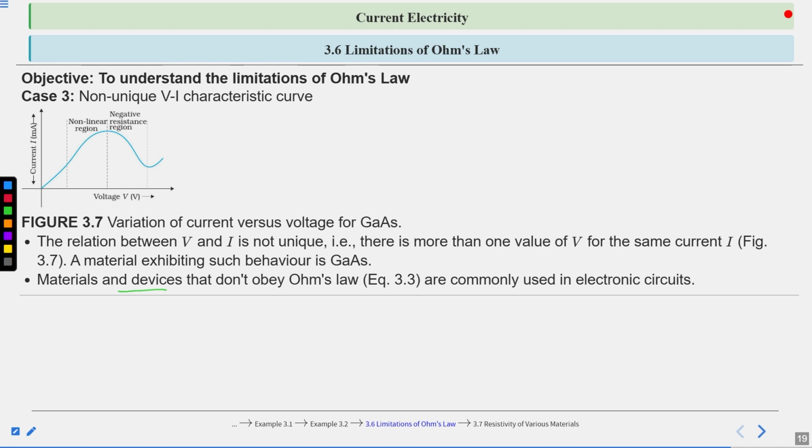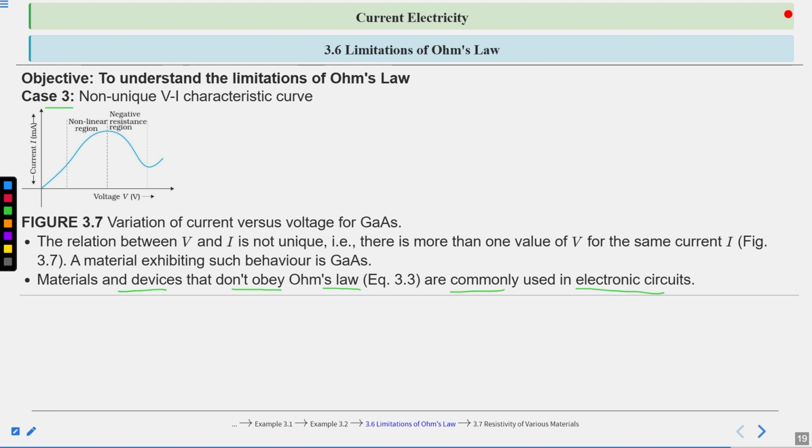Materials and devices that don't obey Ohm's law are commonly used in electronic circuits. In case 2 and case 3, we have discussed two graphs corresponding to semiconductor materials, and these types of materials are used in electronic circuits. You may have seen electronic circuits and the small components on them.